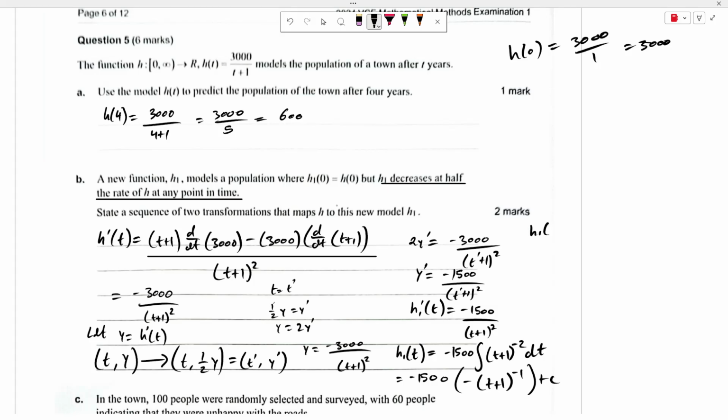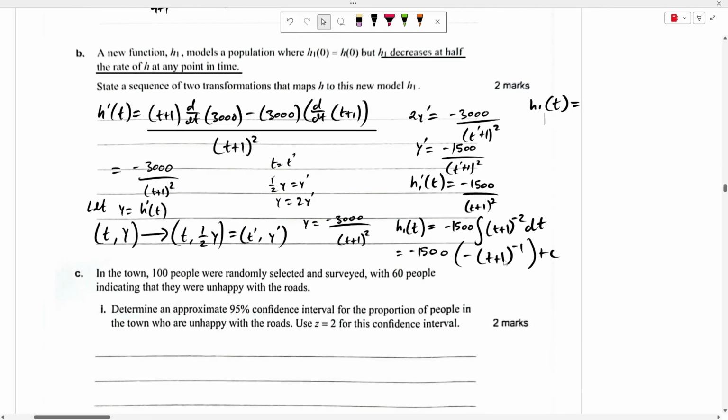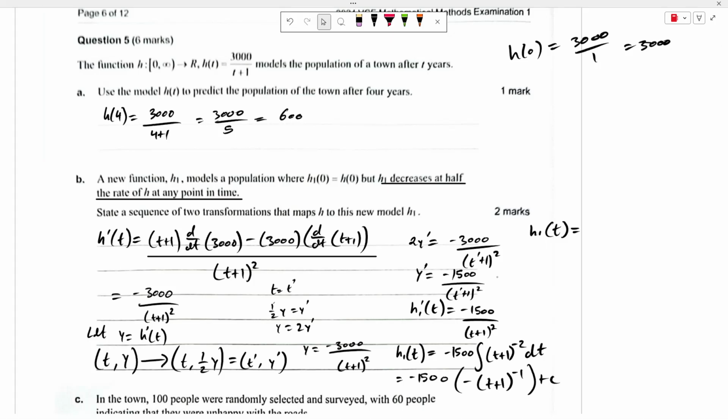So if I expand this, this is going to give me 1500 (t plus 1) to the negative 1 plus c. That's 1500 over (t plus 1) plus c.